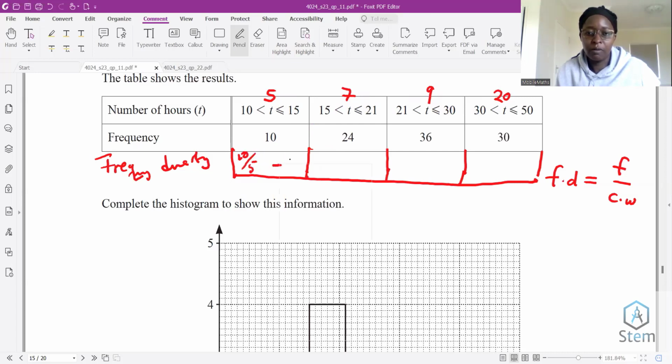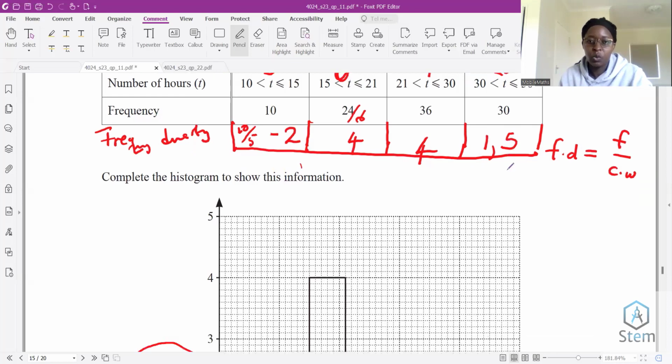This is our frequency density of 2. 21 minus 15, it's a 6. Where did I get 7 from? So 24 divided by 6, then 36 divided by 9, that's a 4. Here we also have a 4. And then lastly, 30 divided by 20, that's 1.5. So we have 1.5 here.